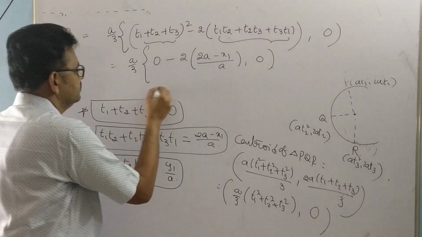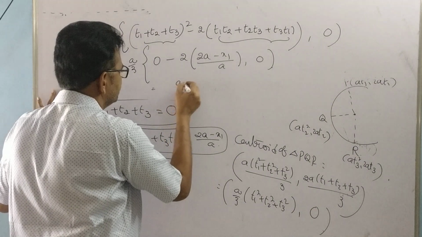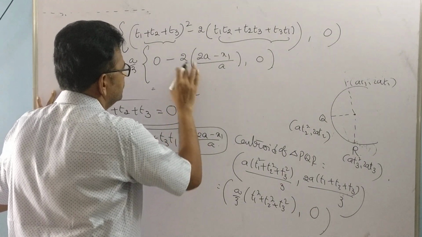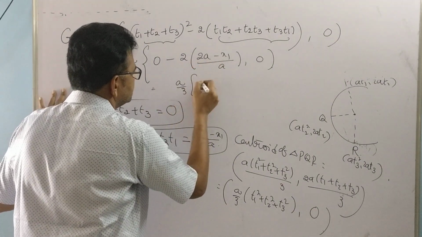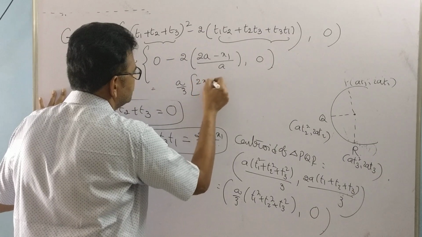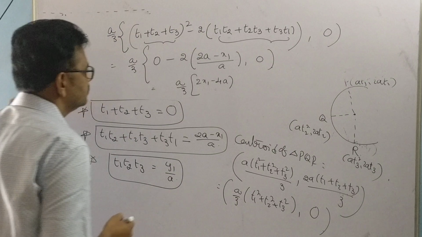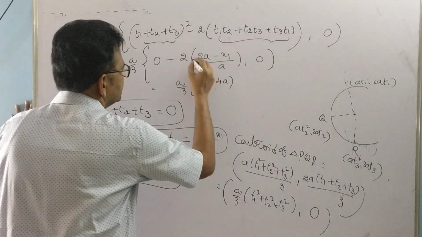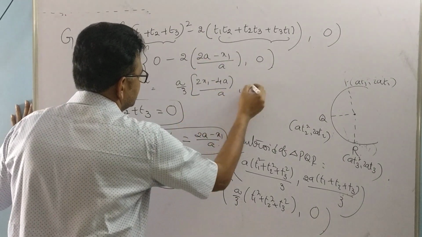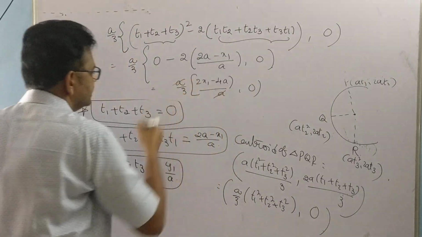So that is equal to a by 3 into, if I multiply this, 2x1 minus 4a, divided by a, comma 0. The a gets cancelled.